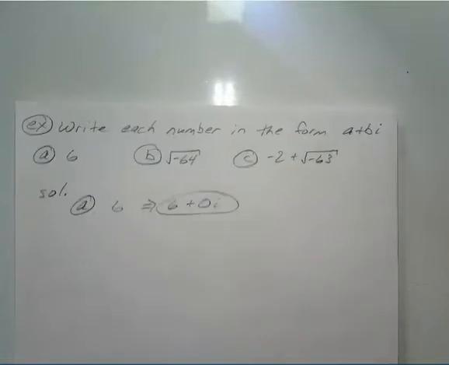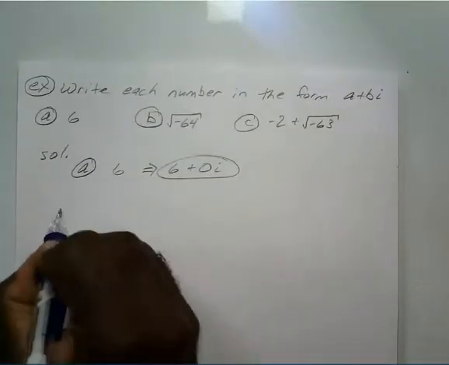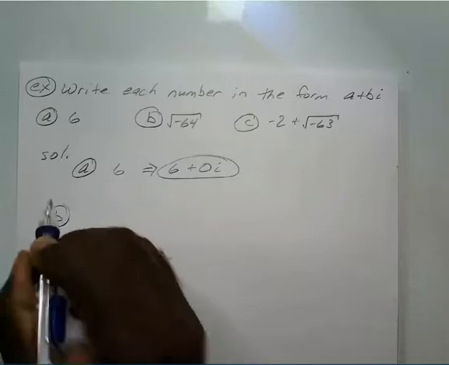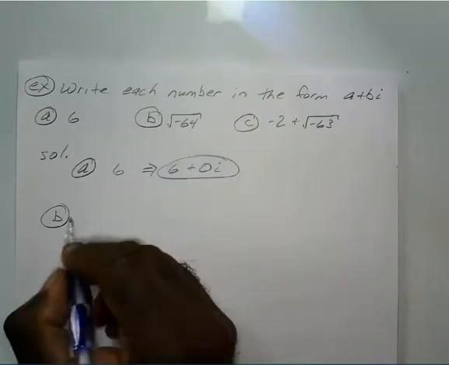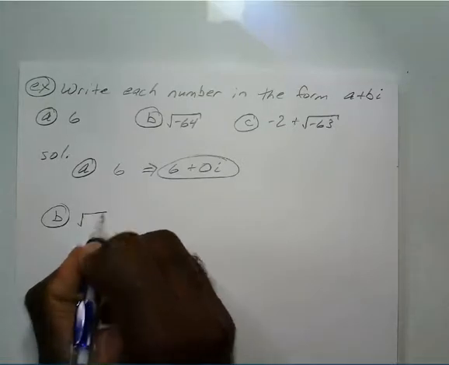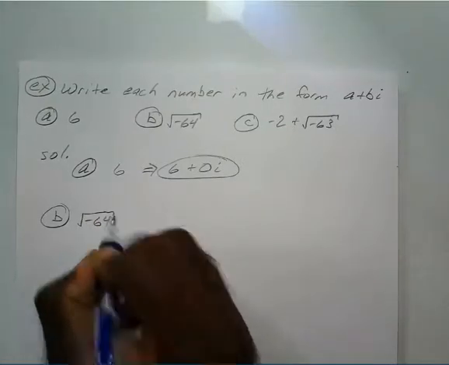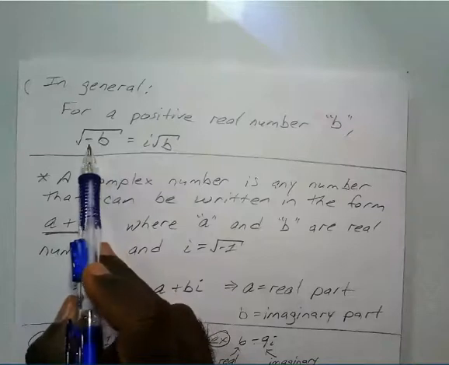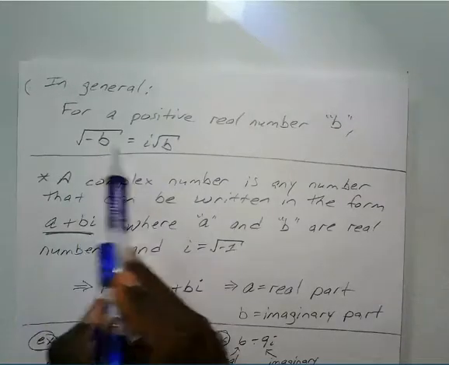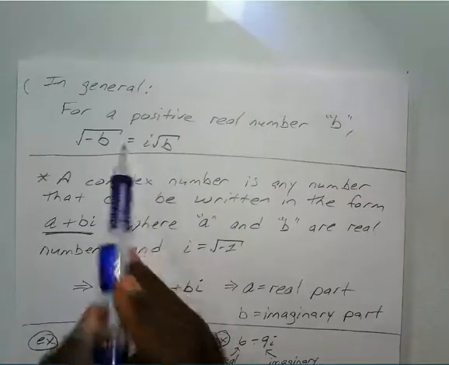Okay. So now with B, first we have to get rid of that square root. Okay, so you have square root of negative 64. And if you remember from the rule, from the previous page actually, if you have a negative under the square root, you just make that negative into an i and bring it on the outside.